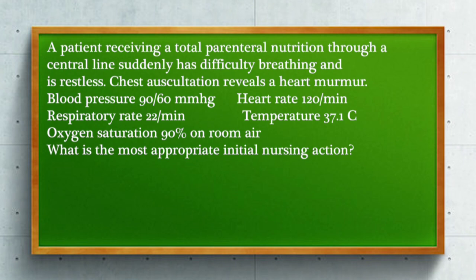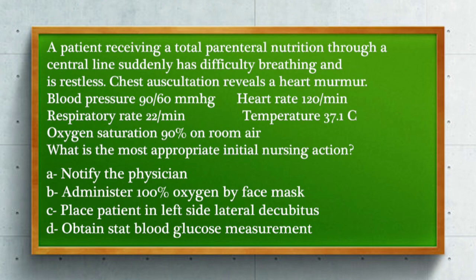What is the most appropriate initial nursing action? A. Notify the physician. B. Administer 100% oxygen by face mask. C. Place patient in left side lateral decubitus. D. Obtain stat blood glucose measurement. And the answer: C. Place patient in left side lateral decubitus.